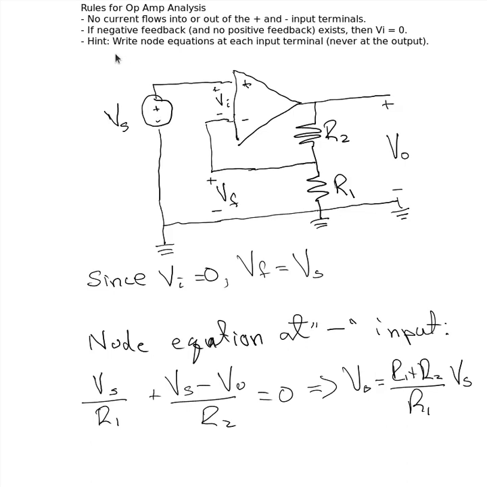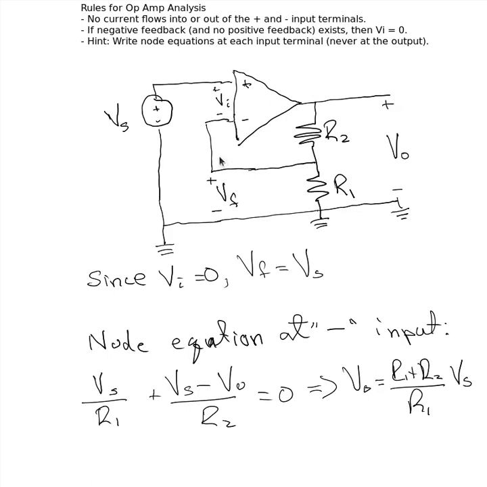It also says there's no current flowing into the negative terminal. And then the second rule says, since we have negative feedback, and you essentially have negative feedback whenever there is some component connecting the output back to the negative terminal, and you don't have positive feedback as long as there's no component from the output going back to the positive terminal, so we have negative feedback here.